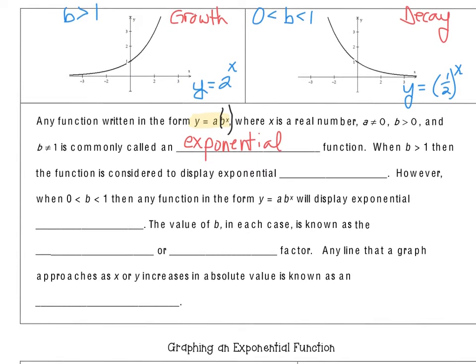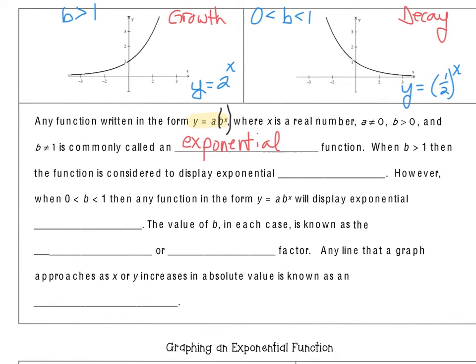All right, so when b is greater than 1, I've got that 0 on my brain, then the function is considered to display exponential growth. And so that's what you see on this particular one. So when b is greater than 1, we have growth.